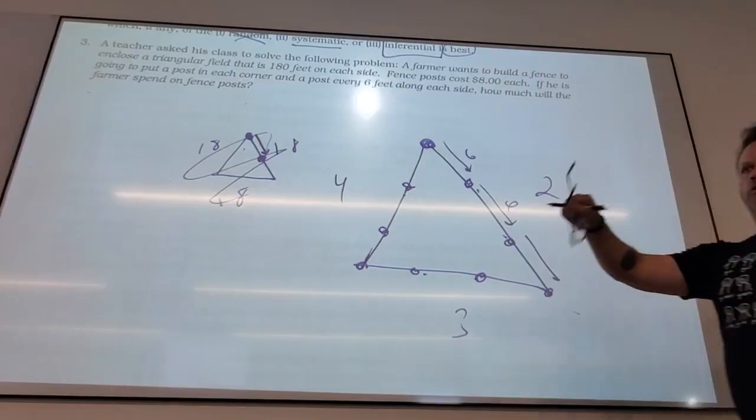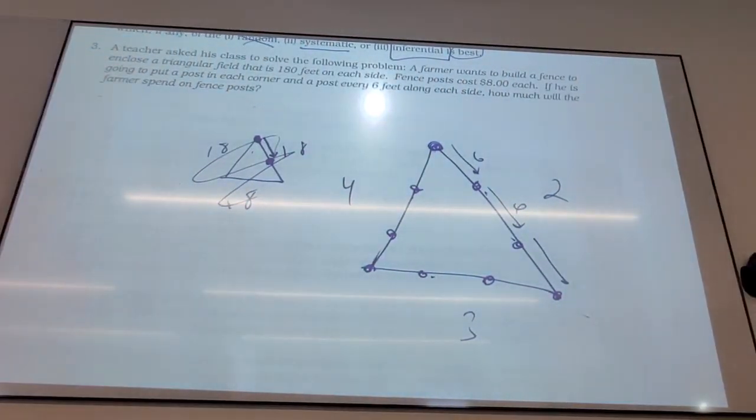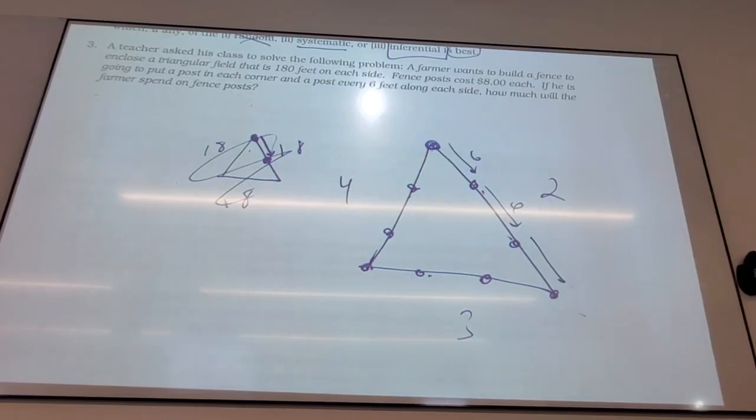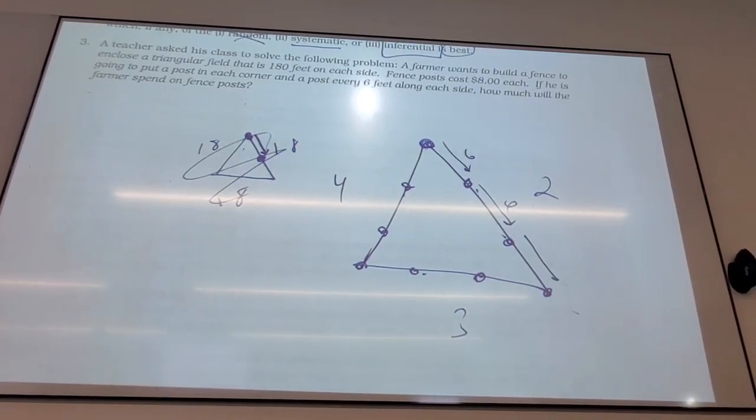So this sort of incorporates make a picture, solve a simpler problem, and then this is kind of related to find a pattern. I would expect a lot of people to do it this way though. I just want to share with you the way I would first start to attack this. And then I can kind of go to 180 feet and I can build on what I just discovered. Real quick, what is 18 divided by 6? 3.